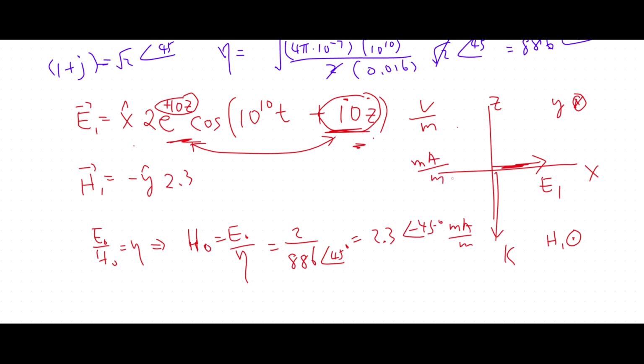This type of problem, make sure you write the unit, because if you don't, I'm going to take points off, as you probably have seen in your homework now, right? Because of this reason, are you writing it as amp per meter or milliamp per meter? So, okay, that's the direction, that's the amplitude.